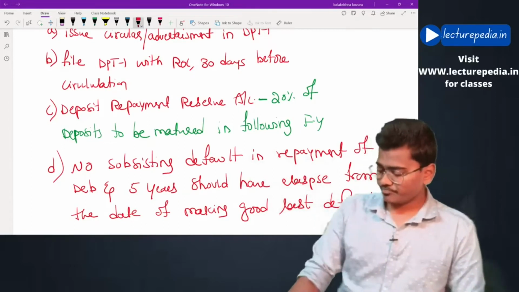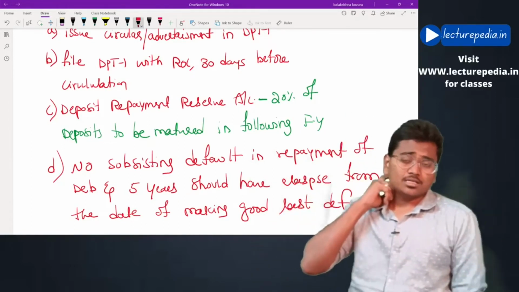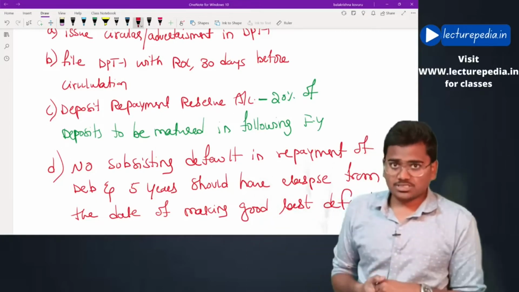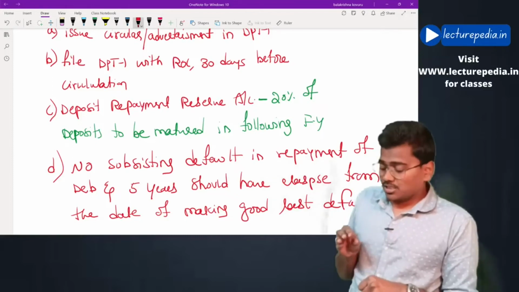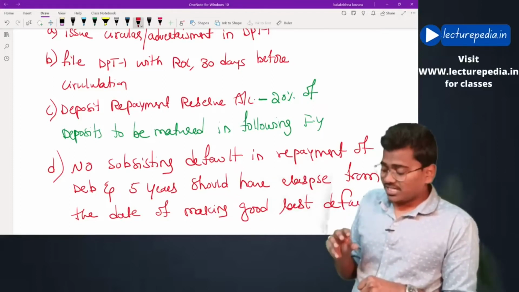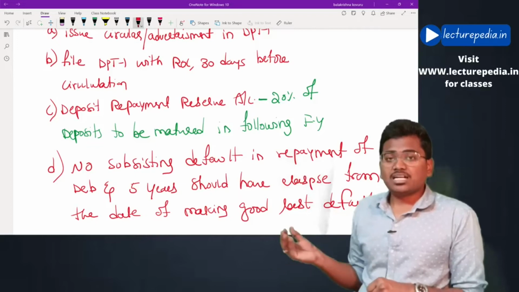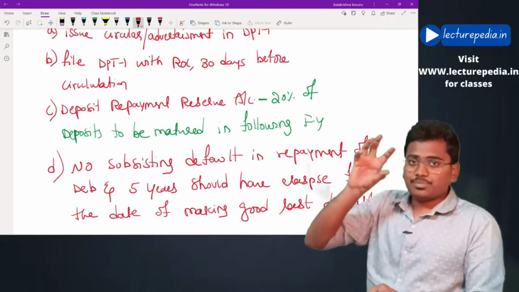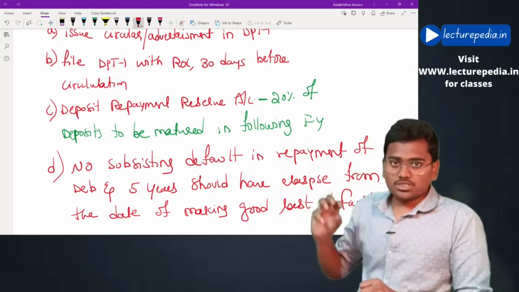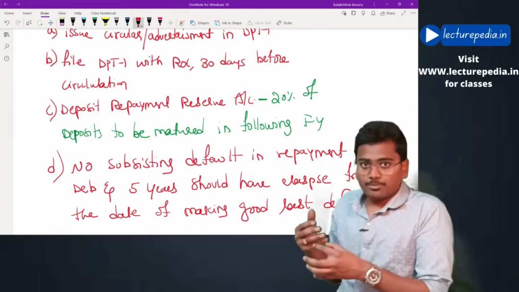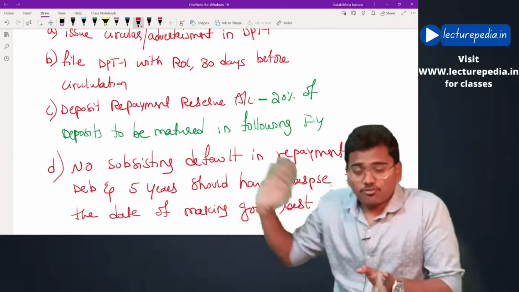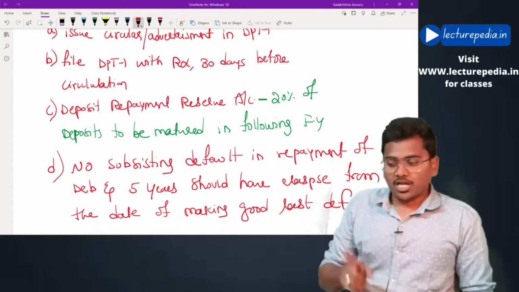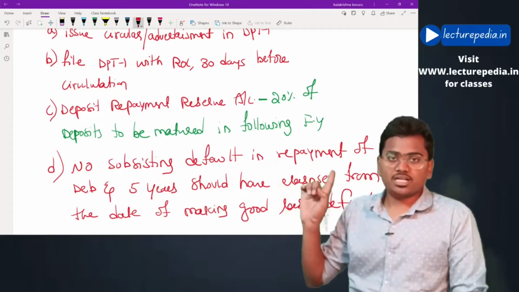First of all, now the company wants to raise deposits. If it wants to raise deposits, presently the company should not have any existing default in the repayment of deposits. Already in the past the company has raised deposits, and those deposits have to be repaid by the company, and the company has defaulted in repaying those deposits.